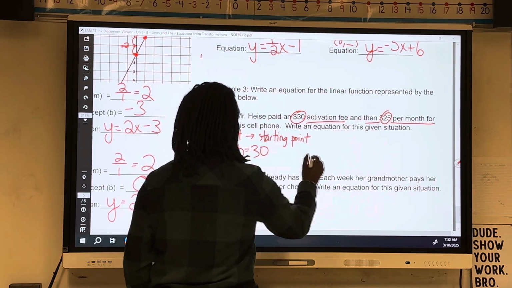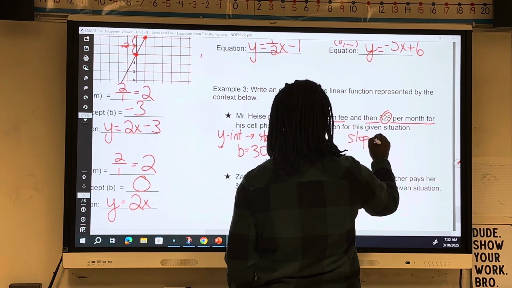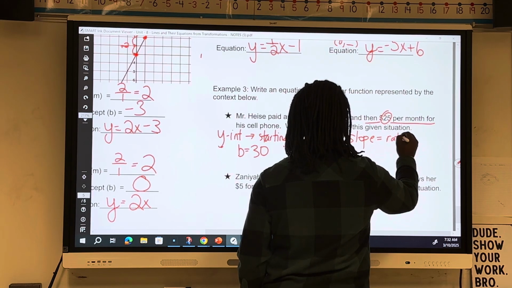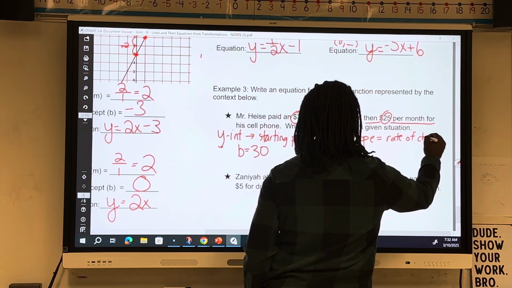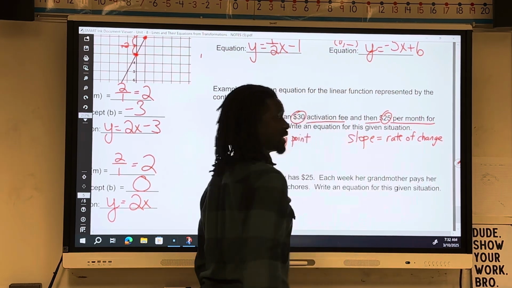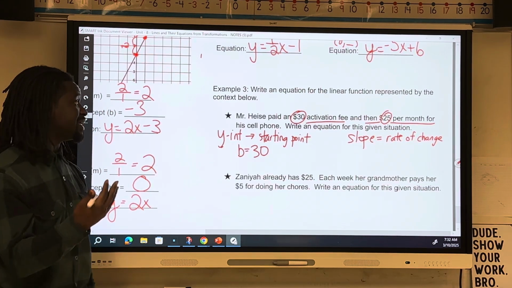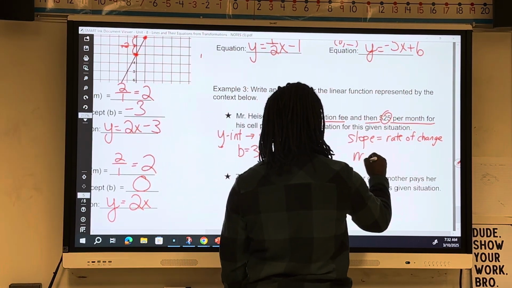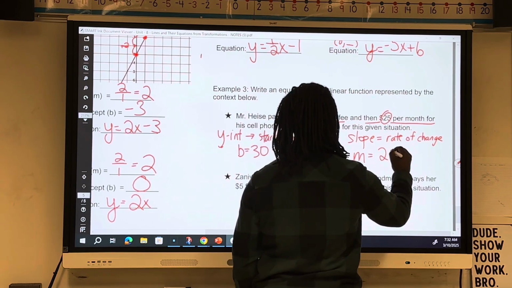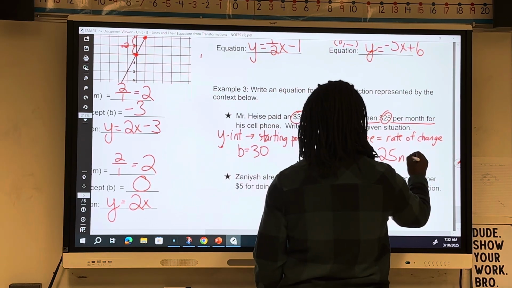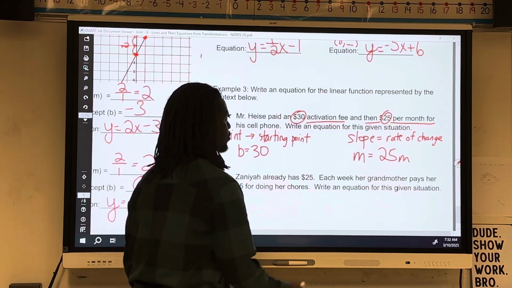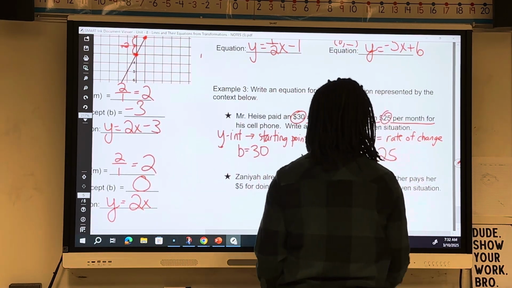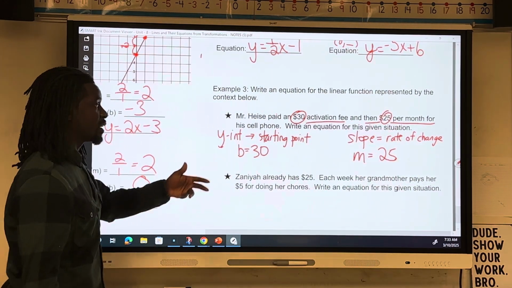And then the slope, we need to remember, is the rate of change. So he paid $30, and then to determine how much more money he's spending, that is the slope. So the slope is going to be the 25 per month, okay? That is the slope, all right?